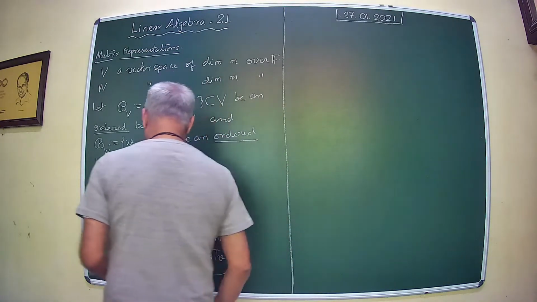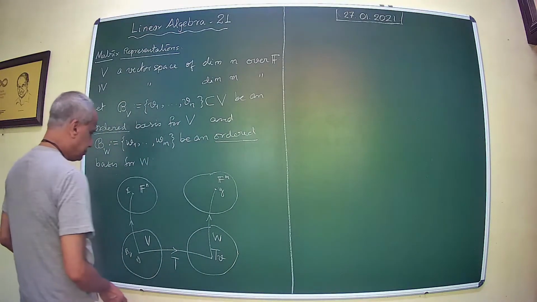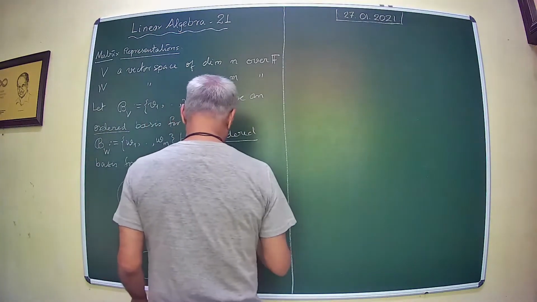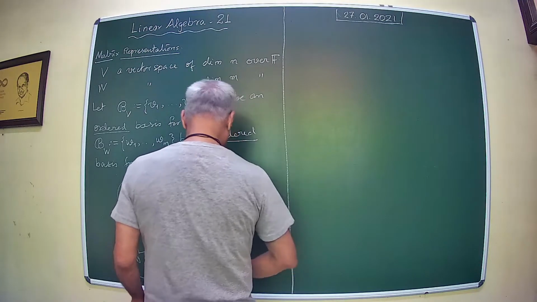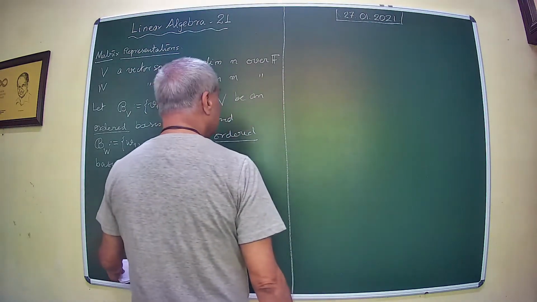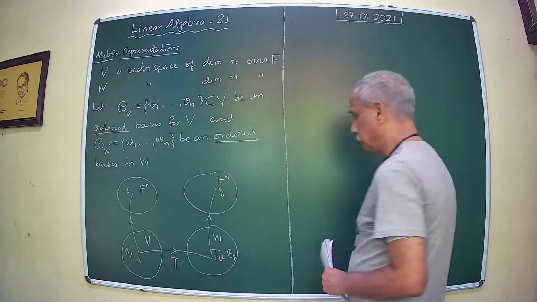The relation is this, that we fix the notation. So we have the ordered basis BW. So all this discussion is with reference to the ordered basis BV and BW.